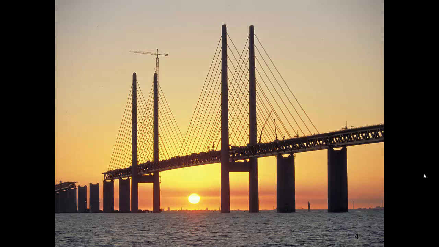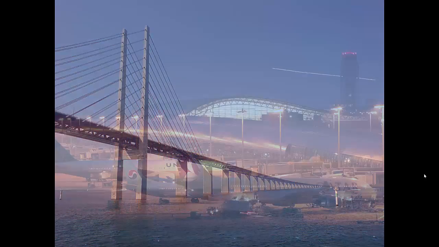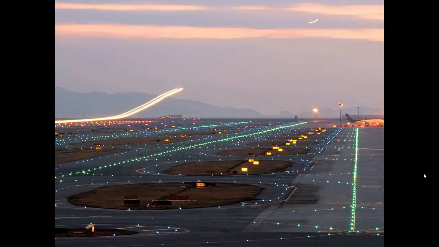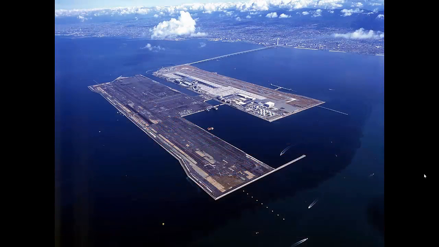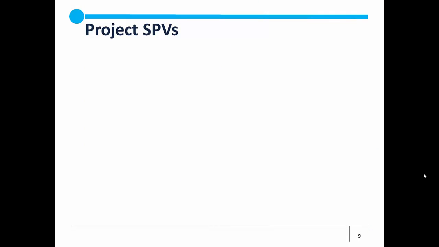Project SPVs come up in all sorts of projects. So we have infrastructure projects, real estate projects. Here are some pictures of bridges, then airports, etc. By project SPV we mean a special purpose vehicle, so that's typically a limited liability entity which is specially set up to hold the equity and the debt of the project.